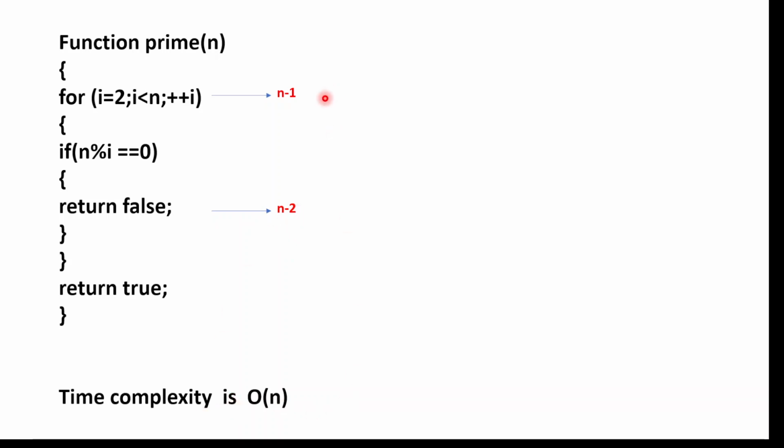So the time complexity of this function, f of n, equals n minus 1 plus n minus 2 plus the return true statement, which is executed one time. The highest degree of the polynomial is n, hence the time complexity is order of n.